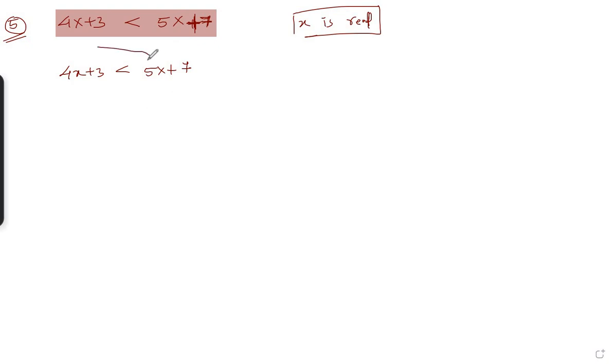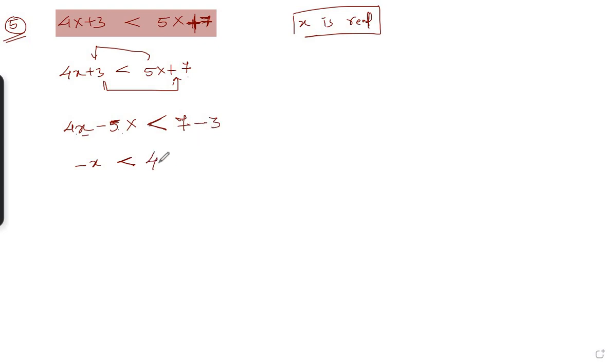Okay, x we will collect on one side and numbers on one side. So it will be 4x minus 5x, if it comes this side, less than 7 was already there and this 3 will go here, minus 3. So 4x minus 5x is minus x, less than 7 minus 3 is 4.